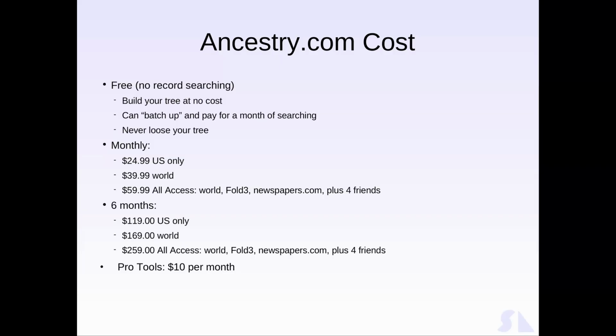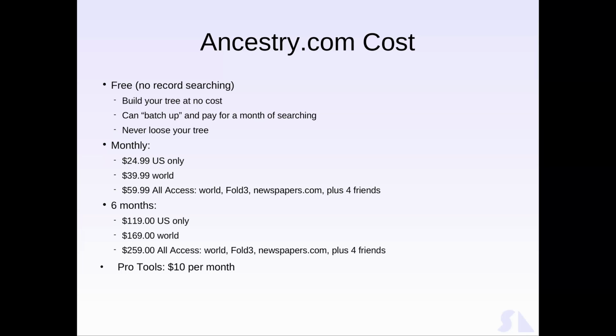They'll make a list of things that they want to go research, and then they'll pay for a month. During that month, they'll do all this research. And at the end of the month, they let the account expire and return back to a free account. You don't lose your tree when that happens. Everything is retained. You can still look at the tree. You just can't do any more searches of their database.